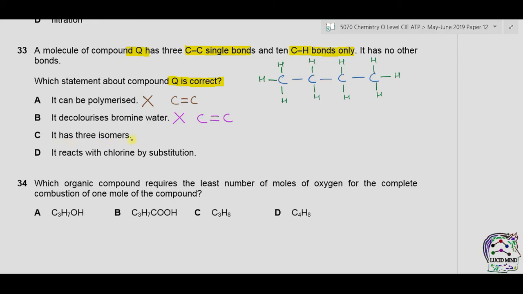C. It has 3 isomers. Now isomers are those compounds that have the same molecular formula but different structures. The molecular formula of this compound is C4H10. We can draw another isomer of this compound like this.